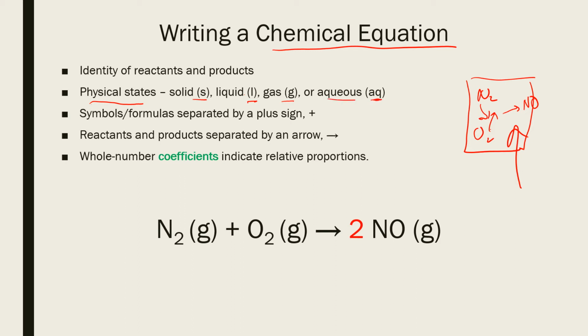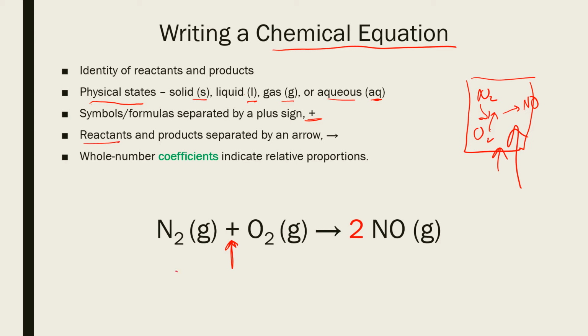Aq stands for aqueous. Aqueous means they are dissolved in water. The reactants and products are separated by a plus sign. A plus sign means that they are together. For example, in this reaction chamber, nitrogen and oxygen are reacting with each other, so that's why we show this plus sign.